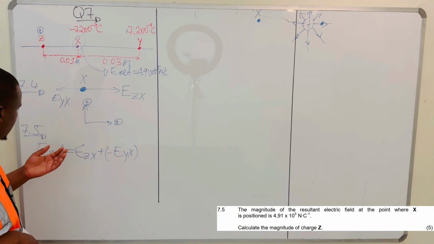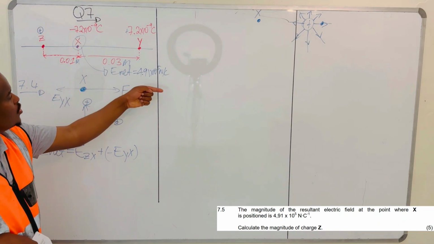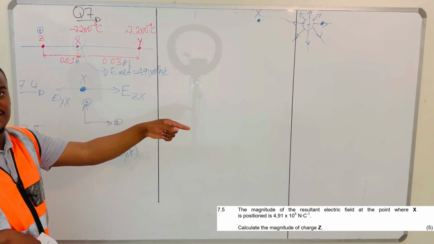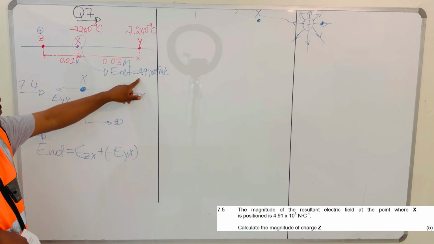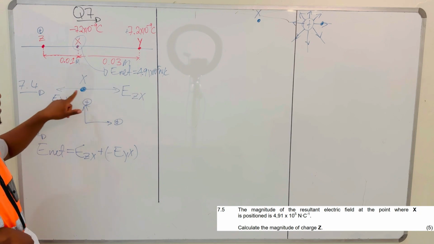So here again, I'll assume that my net electric field is going to the right, so I'll take it as positive to be consistent with my coordinate system. This electric field is positive and this one is negative.